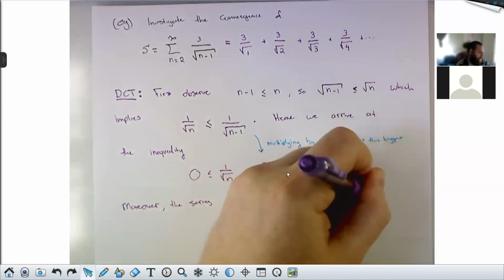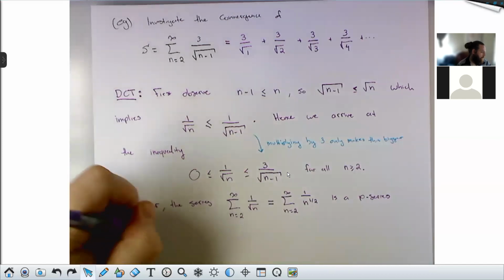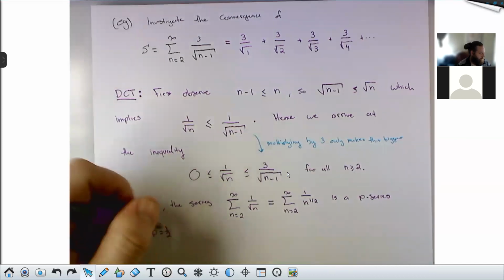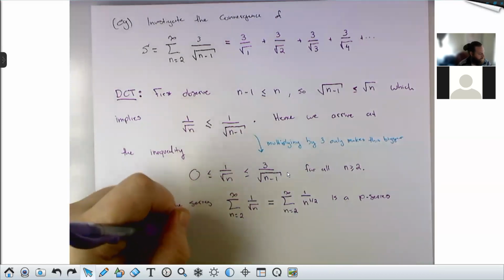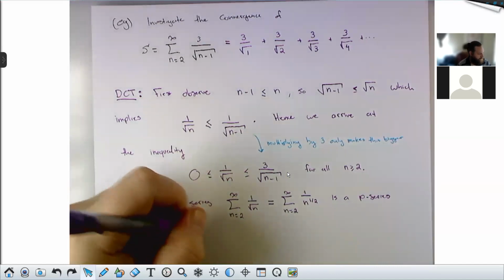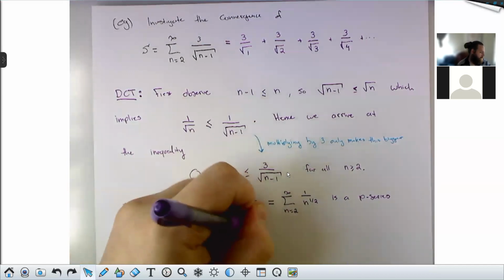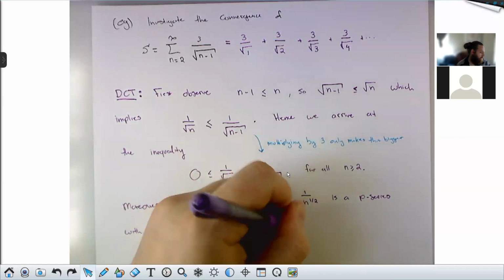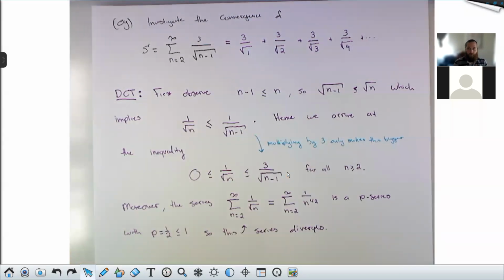This is a p-series. P equal to 1/2. 1/2 is less than or equal to 1. So this series diverges. Right? P series converge if P is bigger than 1. P series diverge if P is less than or equal to 1.